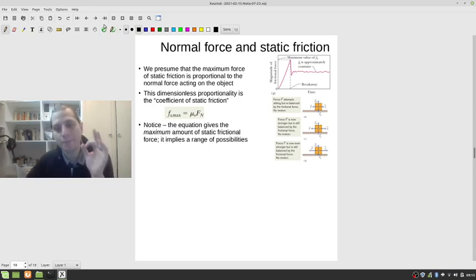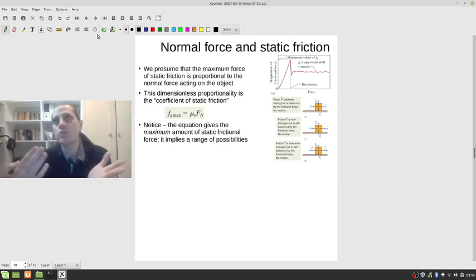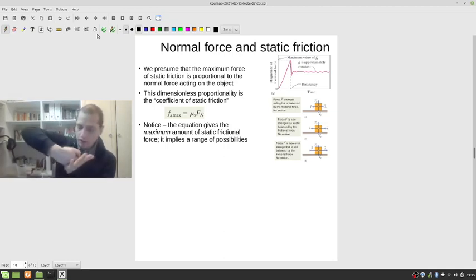Now, a good way to model this static friction is, well, think about it to yourself. What's being modeled here is the interaction between two surfaces. You have the surface of the object sitting on a bottom surface, and how big is that force going to be? Well, it makes a lot of sense that the amount of force of friction is going to be somehow proportional to how much force is being pushed down or pushed up by the surface onto the object.